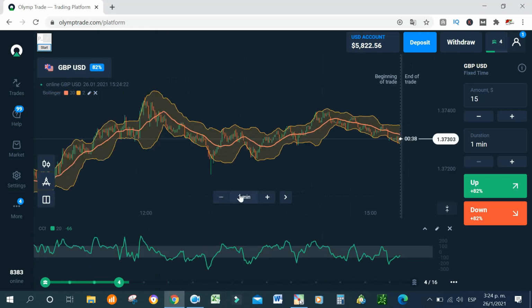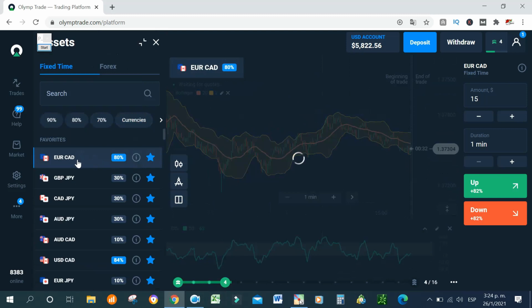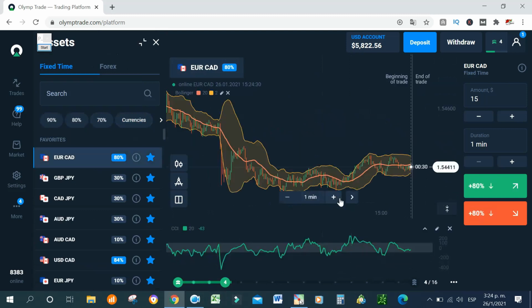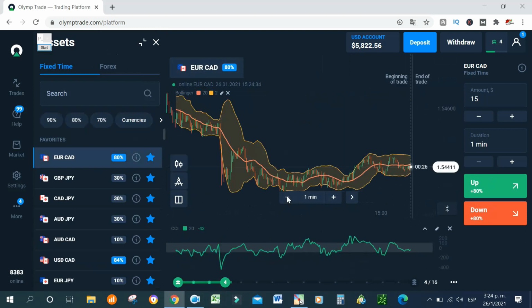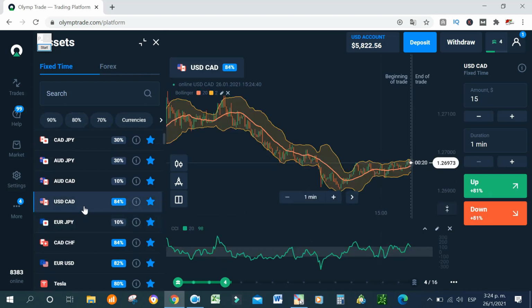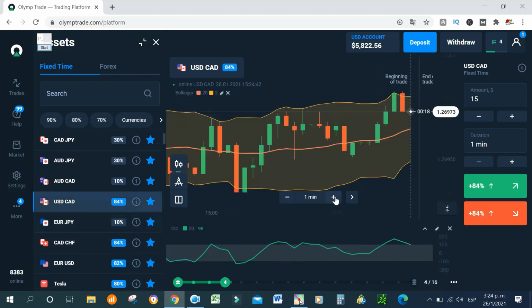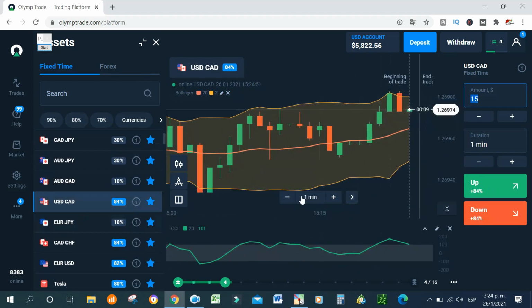Alright guys, let's change this pair to see if we have any other opportunity. But remember to be patient. Alright, we had a great opportunity here. Just right here, when this candlestick closed, it was a great chance to go down.